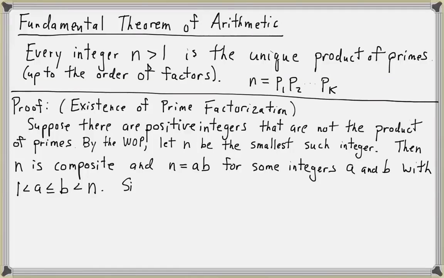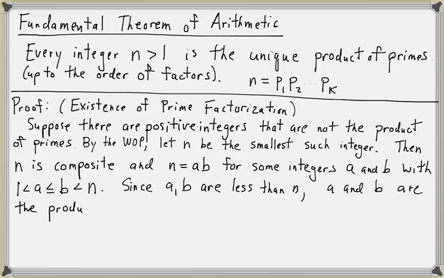So since a and b are less than n, a and b are the product of primes. But I can write n as a times b.